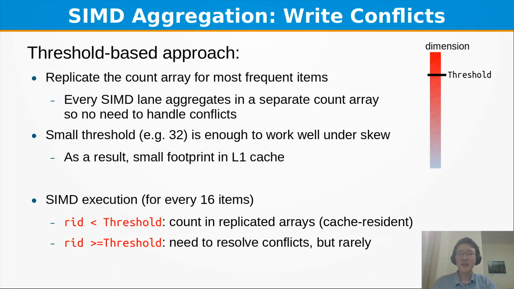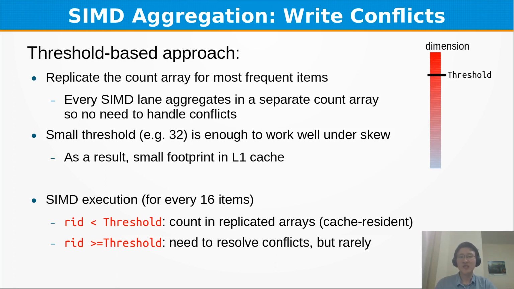Because the frequent data are much more likely to cause conflicts, we want to separate the processing of frequent and infrequent data using the threshold-based approach. For the most frequent items, we can replicate the beginning part of the count array for each of the 16 SIMD lanes, so we don't need to resolve conflicts on these most frequent items.